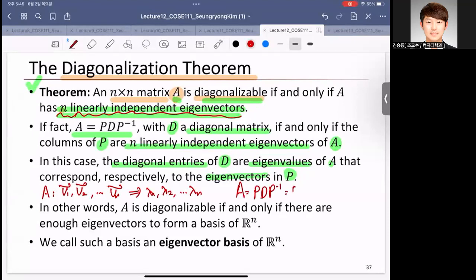P consists of the linearly independent eigenvectors v1, v2, vn, and D has the eigenvalues lambda 1, lambda 2, lambda n on the diagonal, and then P inverse.